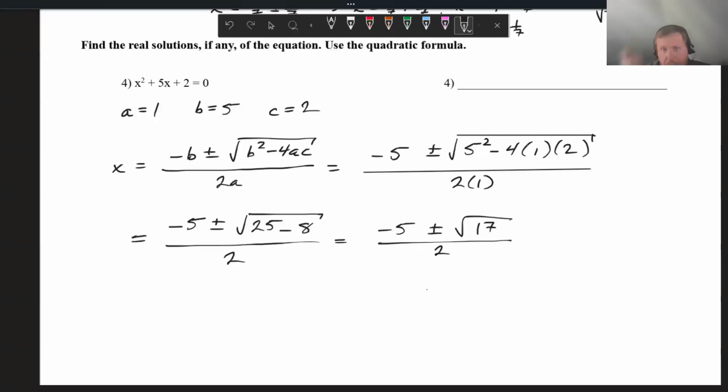And I actually can't make it look any better than that. So my solutions are negative 5 plus radical 17 over 2 and negative 5 minus radical 17 over 2.